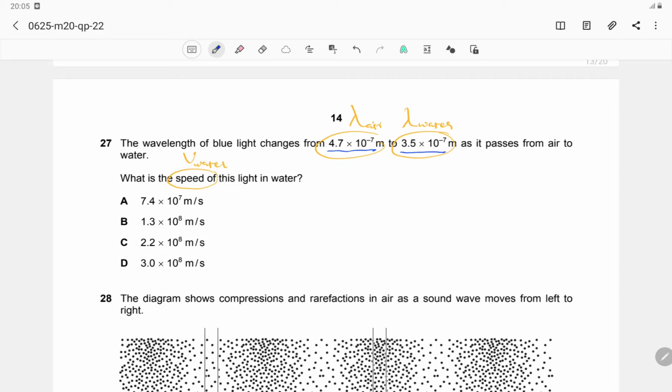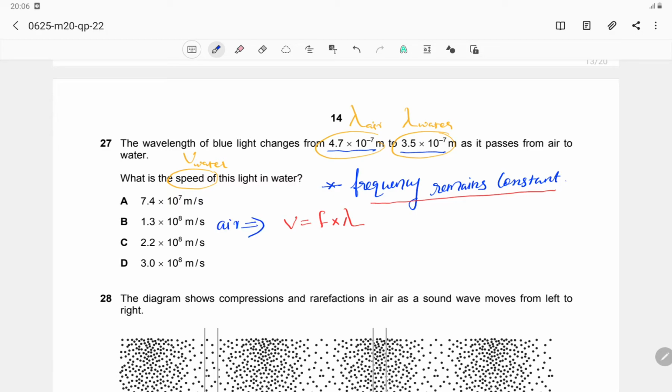Here the important point you need to know is that the frequency of the light remains constant. It doesn't matter whether the light wave is traveling in air or water, the frequency of the blue light will be the same. Now, in order to find the speed of light in water, we can use the wave equation, that is, v equals frequency times wavelength. So when the wave is in air, you can write the same equation: the speed of light in air equals frequency times the wavelength of light in air.